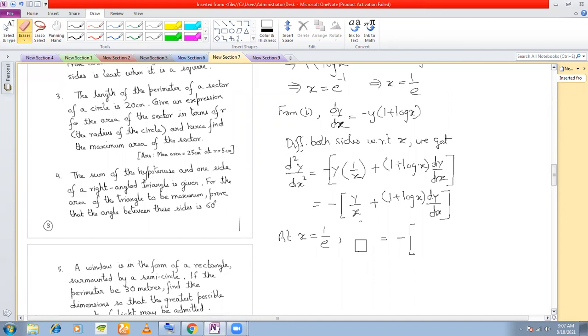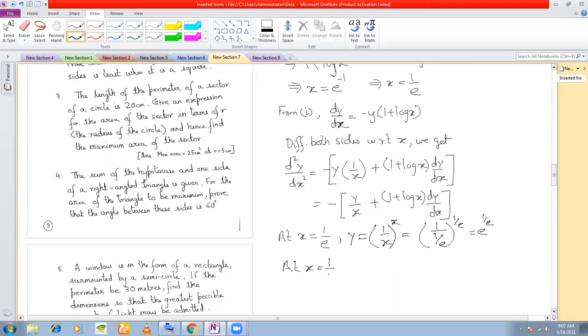What is the value of y at x is equal to 1 by e? The given function was 1 by x to the power of x, so put the value of x here, 1 by e to the power of 1 by e. So you get e to the power of 1 by e, at x is equal to 1 by e.